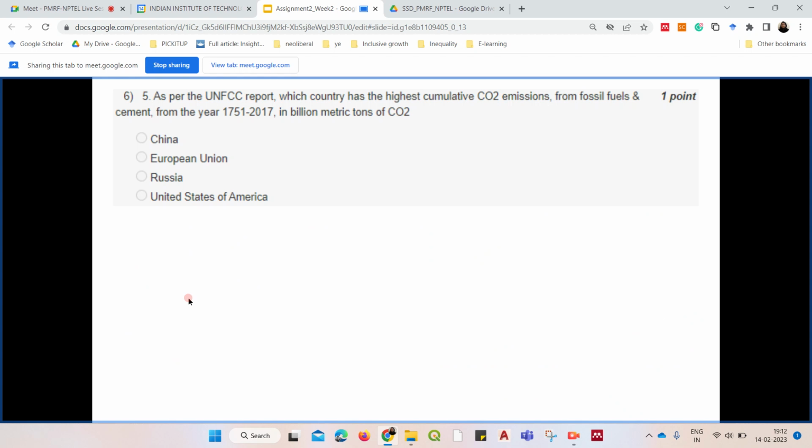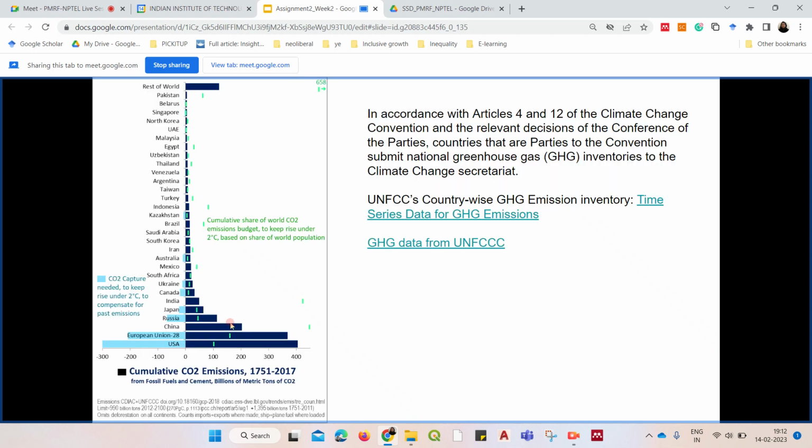Moving on to the next question, which is, as per the UNFCCC report, which country has the highest cumulative CO2 emissions from fossil fuels and cement from year 1751 to 2017 in billion metric tons of CO2. I think you would have studied this in your lectures.